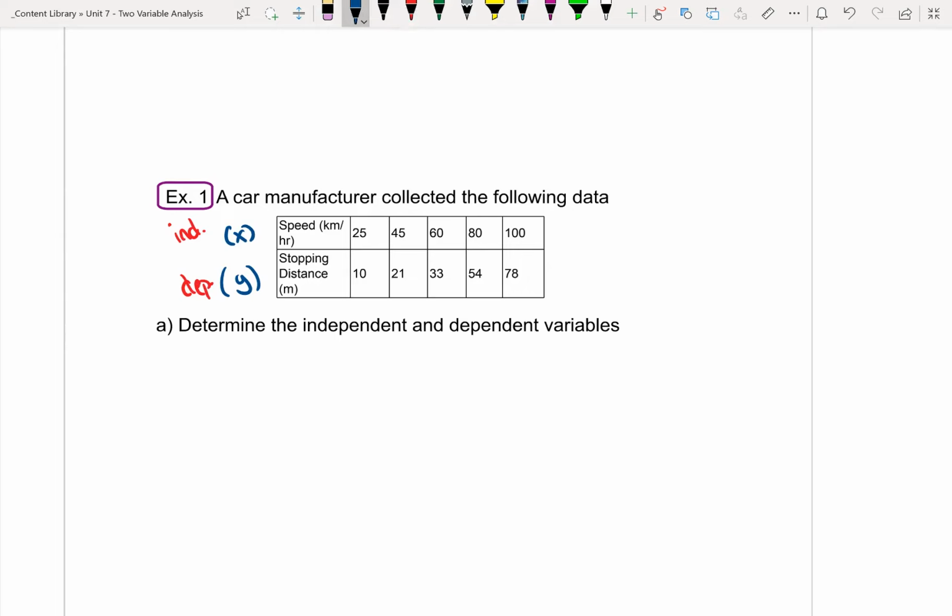So the independent variable is speed, because your speed is not dependent on your stopping distance, but your stopping distance is dependent on your speed.